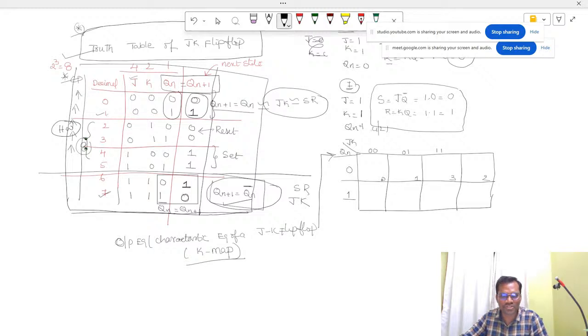So how to write 0 in the form of 2, 1, 0? 0, 0. How to write 1? 0, 1. How to write 3? 1, 1. How to write 2? 1, 0. Now you see here the possibilities. All zeros, 0, 0, 0, 1.